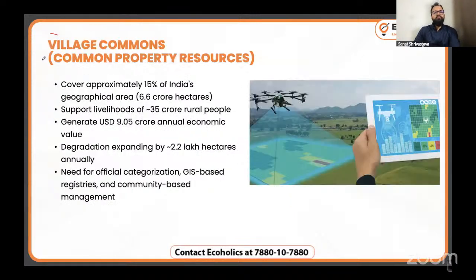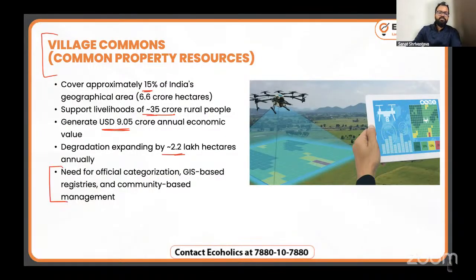Okay. Then village commons, common property resources. So they cover approximately 15% of India's geographical area. Support livelihood of around 35 crore rural people. Generate USD 9 crore annual economic value. Degradation expanded by 2.2 lakh hectares annually. Need for official categorization.